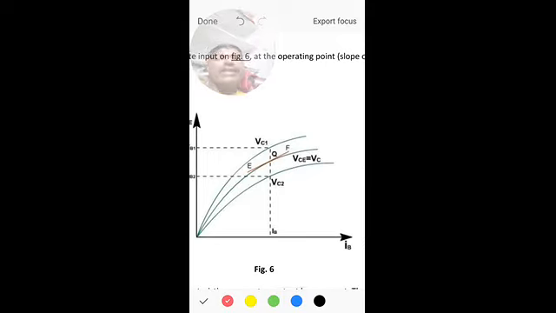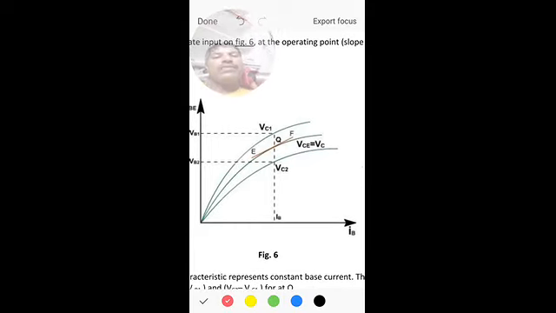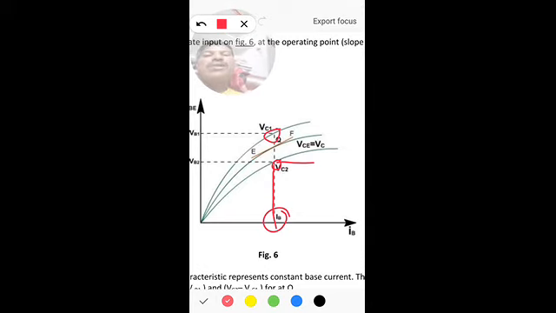See, this is a constant IB value. For a constant IB value, we have taken 2 points on the curve. For this point, the output voltage is VC2, and corresponding to this curve, the output voltage is VC1, which is constant.